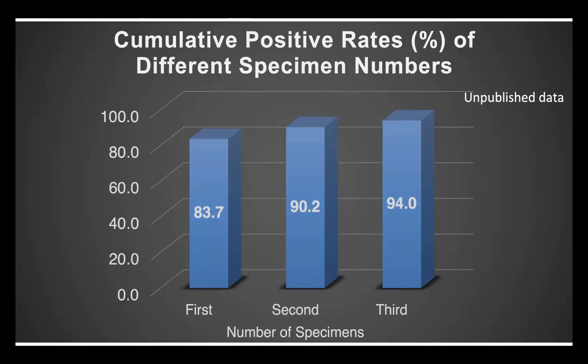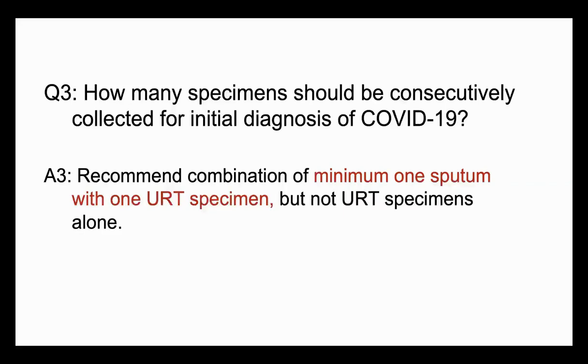So taking these results, we suggest that a combination of a minimum of 1 sputum with 1 upper respiratory tract specimen will be better than using upper respiratory tract specimens alone.